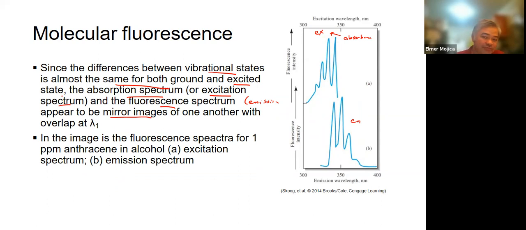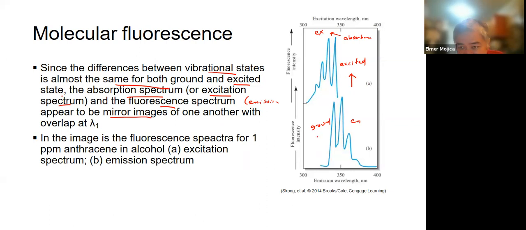So when you have an absorbance spectrum, it reflects the vibrational levels of the electronically excited state. And then the emission spectrum reflects the vibrational levels of the electronic ground state. So ito yung tinatawag natin excited state, ito yung ground state. Remember, you get this when you excite the molecules from ground state to excited state.